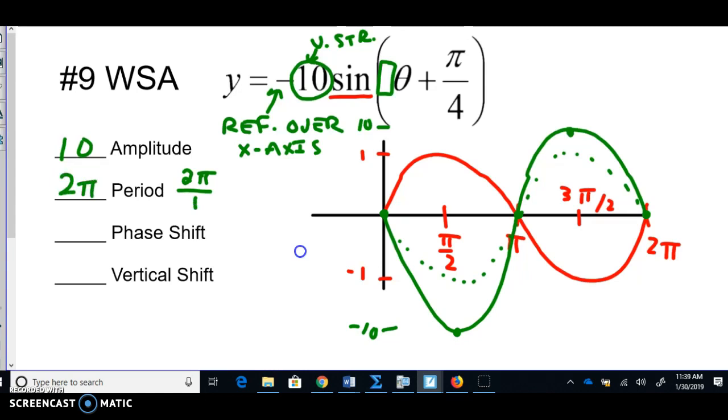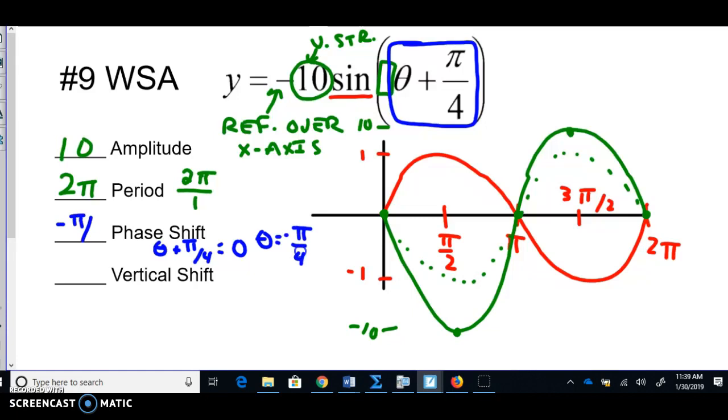The phase shift, which I showed a new way to find yesterday: take what's inside the trig function, theta plus pi over 4, set it equal to 0, solve it for theta, which means subtract pi over 4 from both sides, which means move everything to the left pi over 4 units.